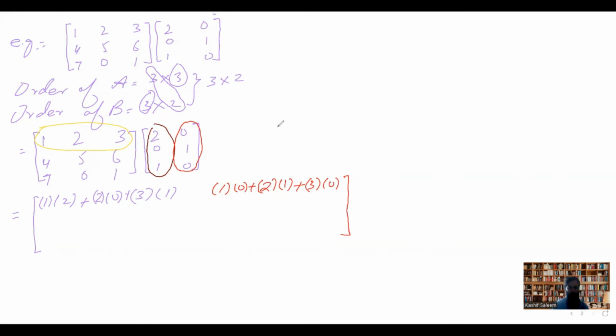So now let's move on to the second row. This is the second row. Now multiply the second row by the first column.